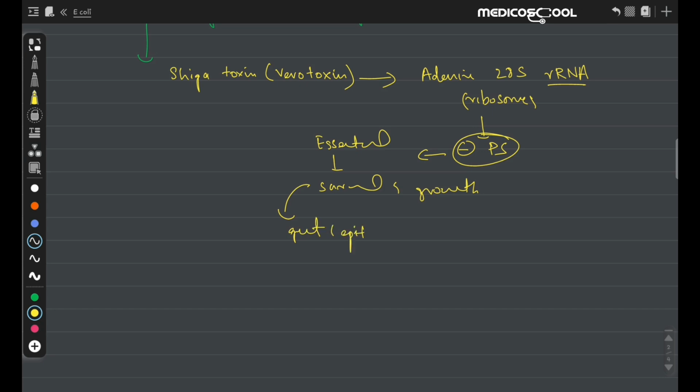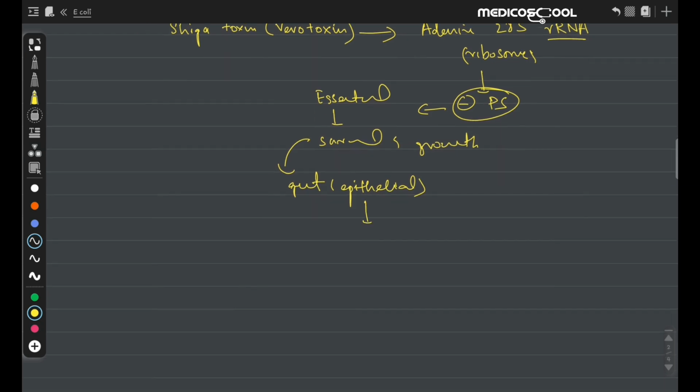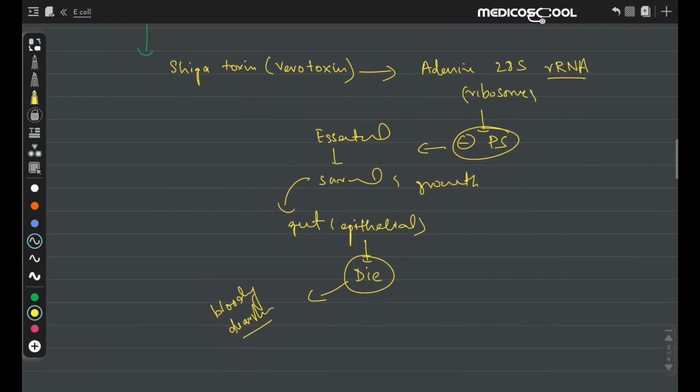So if these proteins are not present, the gut epithelium will die, and this death of the epithelial cells will result in the extravasation of the blood from the blood vessels, and this will produce the bloody diarrhea. So it is the mechanism by which this Shiga toxin or the verotoxin produces the bloody diarrhea.